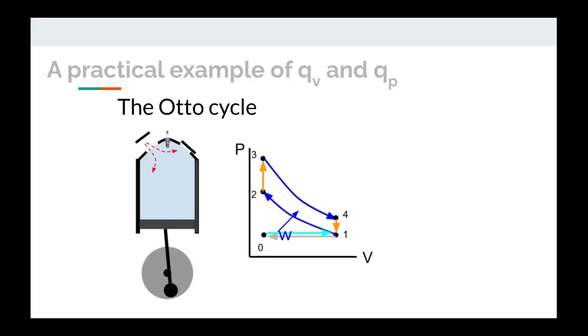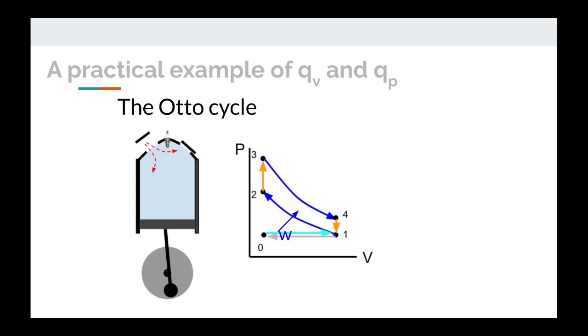As the gas is compressed with the valve closed, the flywheel applies pressure to the piston, and that increases the pressure and decreases the volume. Not much energy is exchanged through heating during that process, but a lot of energy is exchanged through working.